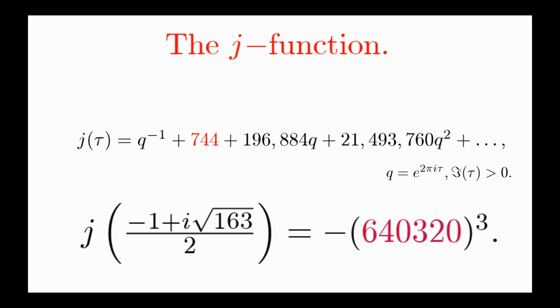And this cube is 640320 cubed. You will remember that 640320 appeared before. So let's see how we are going to make use of this fact to explain why e to the pi times square root of 163 is close to being an integer.